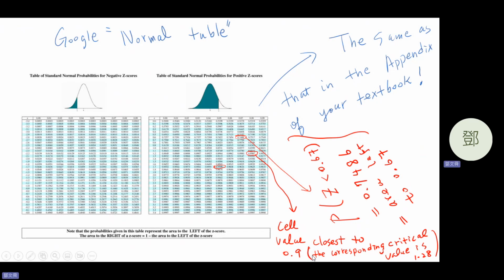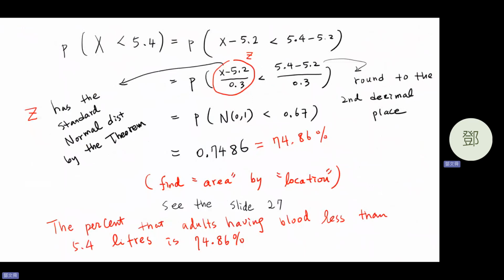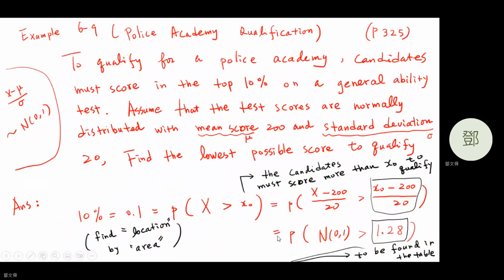So go back to the example here. So here is how 1.28 is found.